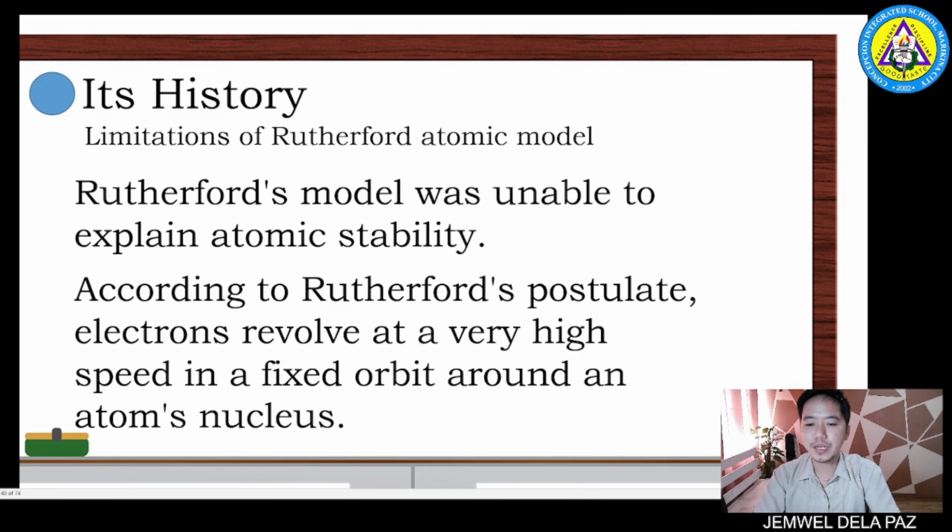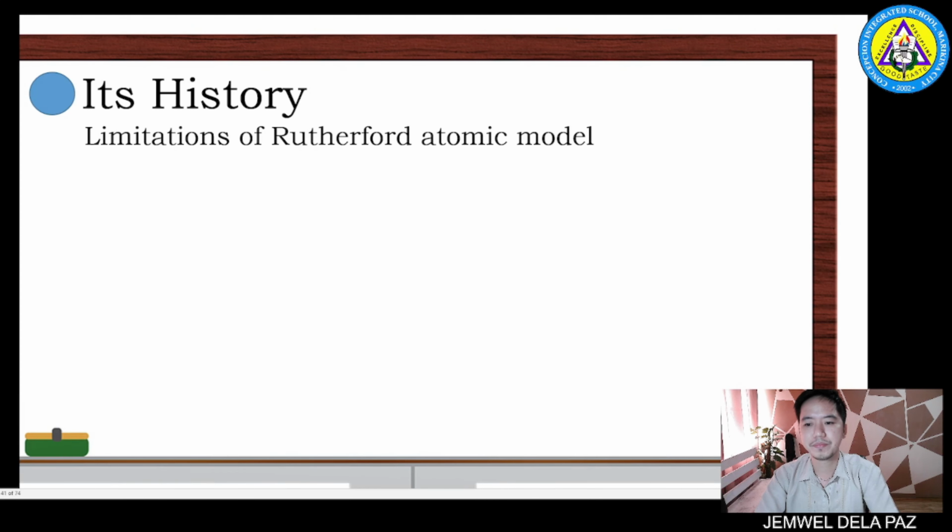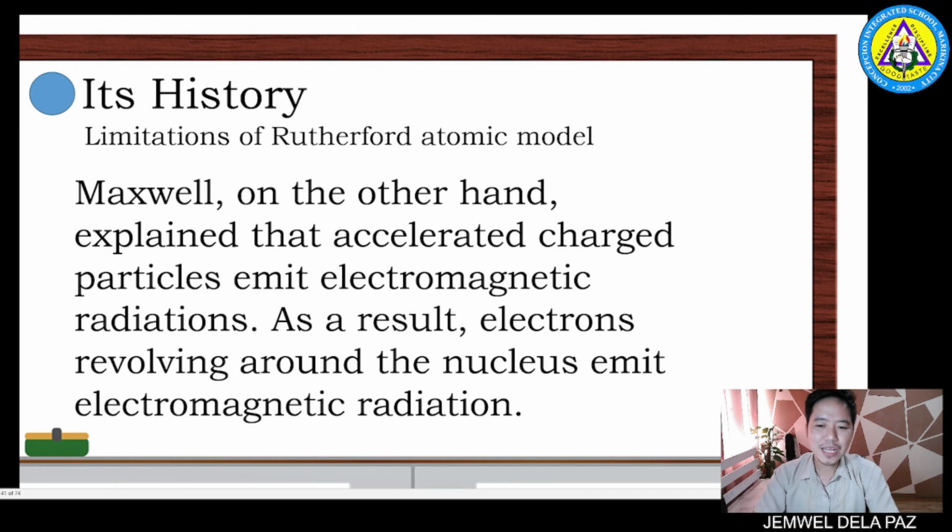Second, according to Rutherford's postulate, electrons revolve at a very high speed in a fixed orbit around the atom's nucleus. On the other hand, Maxwell explained that accelerated charged particles emit electromagnetic radiations. As a result, electrons revolving around the nucleus also emit electromagnetic radiation.